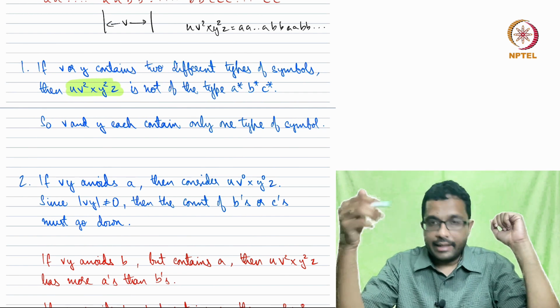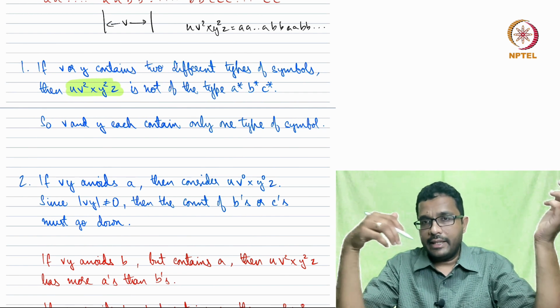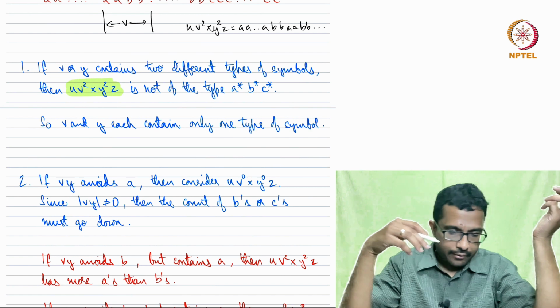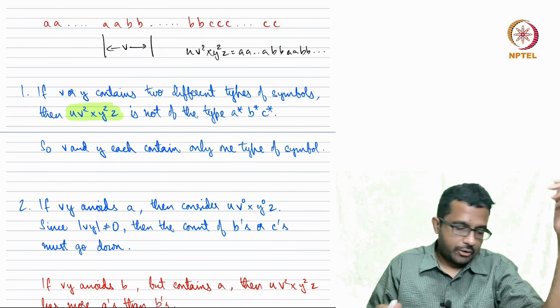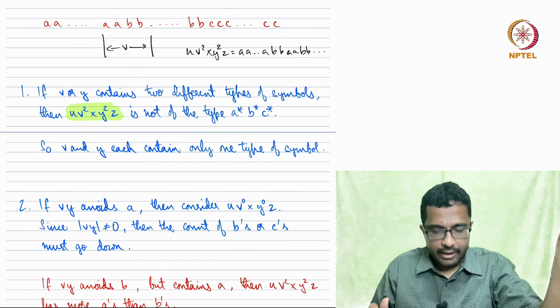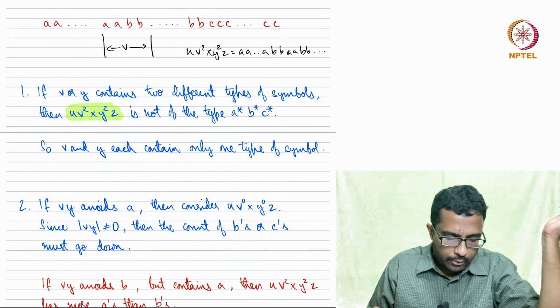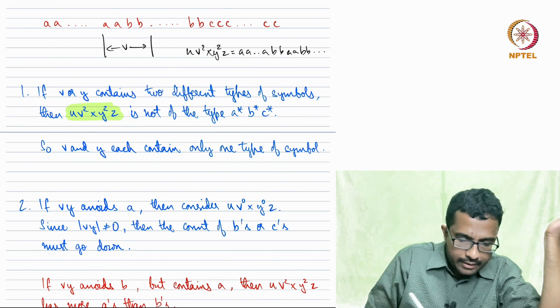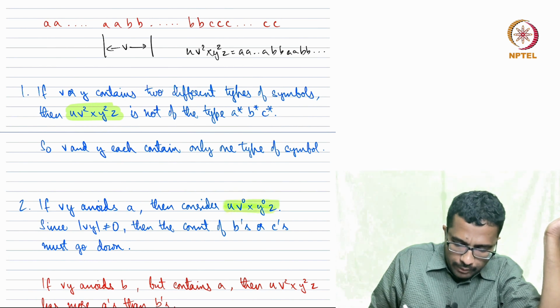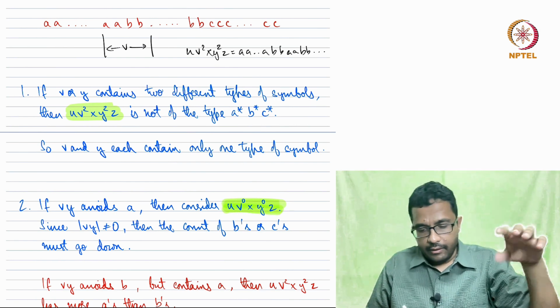So these are the three cases. Let's say vy does not have any a in it, which means either v could be in b's and y could be in c's, or both of them could be in c's, anything.